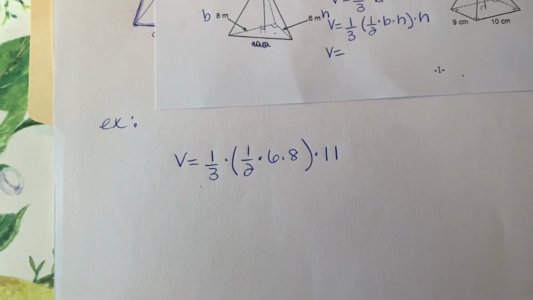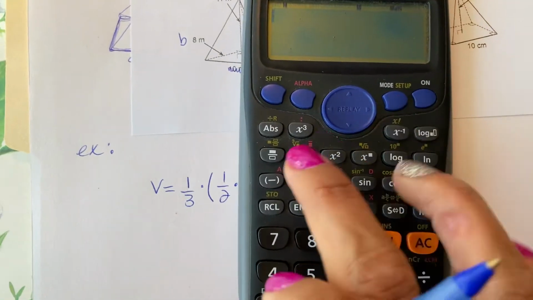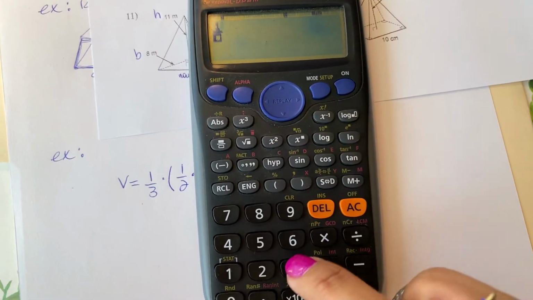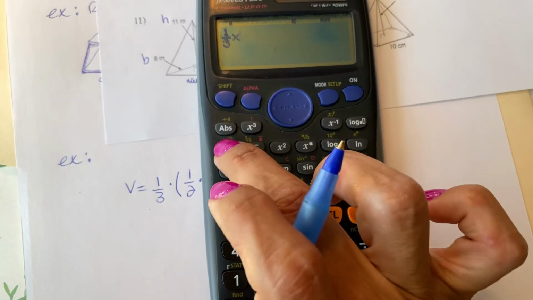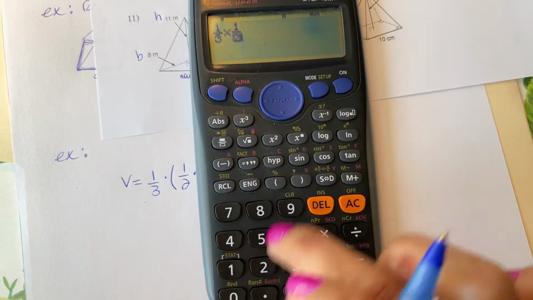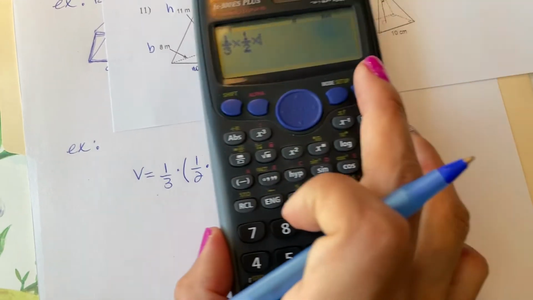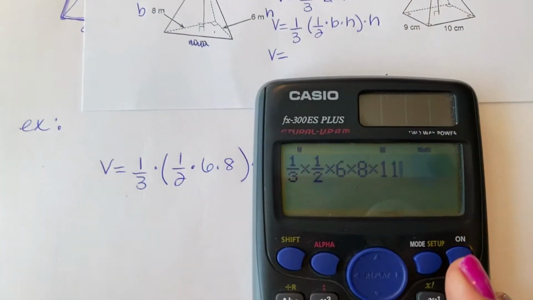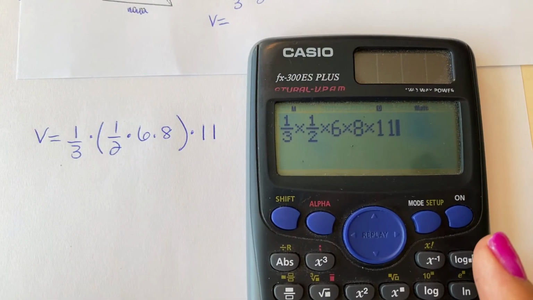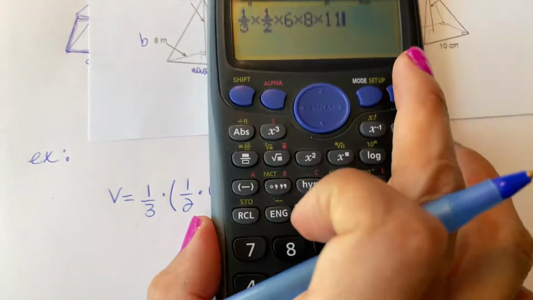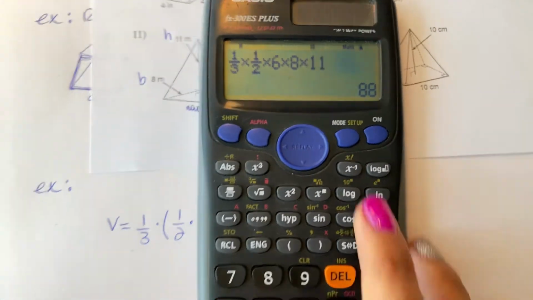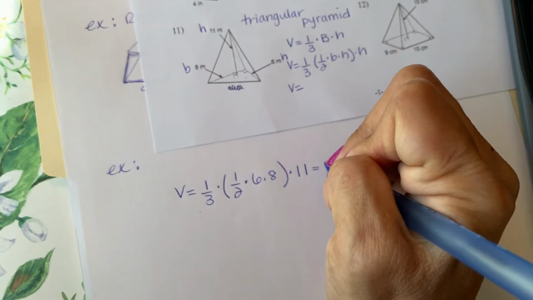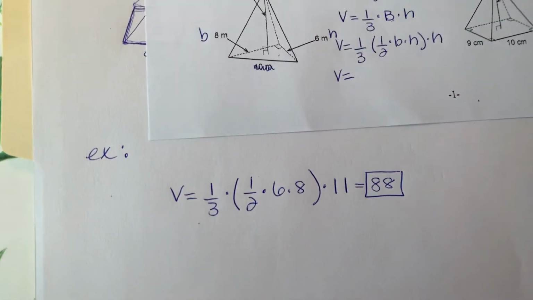If you throw that in your calculator, 1/3 times 1/2 times 6 times 8 times 11, and we get 88. So then this is 88.